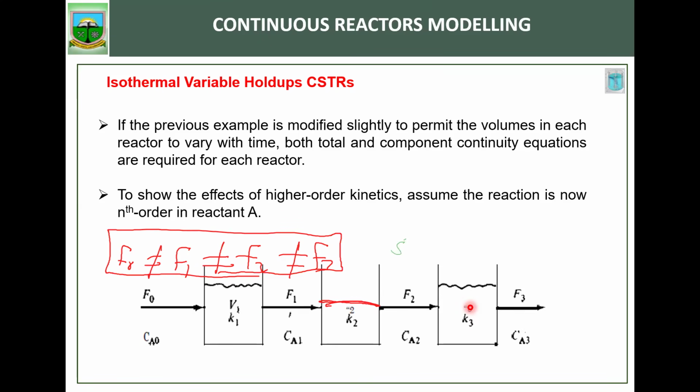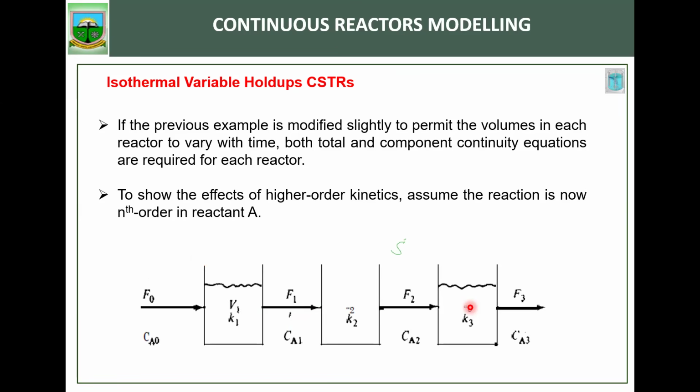The total is going to be this. Now, so we write the total continuity equation for each reactor, and the component continuity equation. All right, so we take the first reactor. Considering the first reactor, we have input here, we have output here. So the total continuity equation is going to be what?